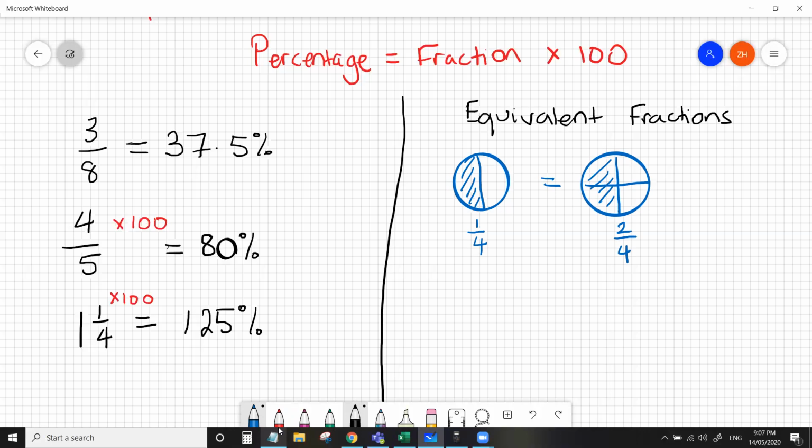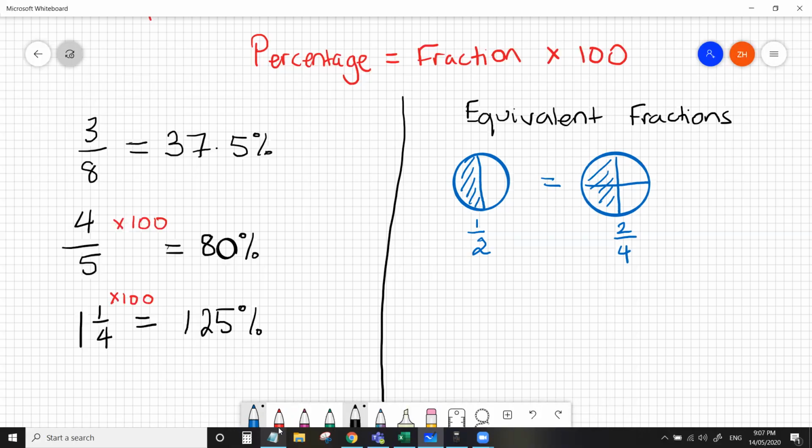Sorry, I've just made a mistake there. If I break it into 2 pieces, I only colour 1 of them. So 1/2 is equal to 2/4.